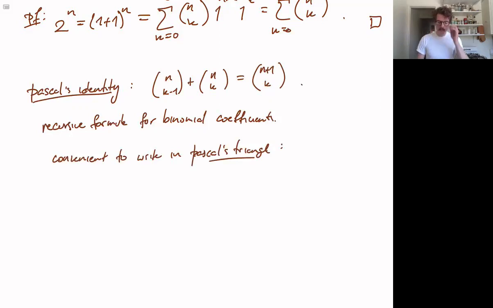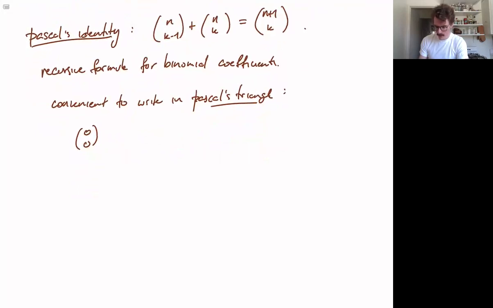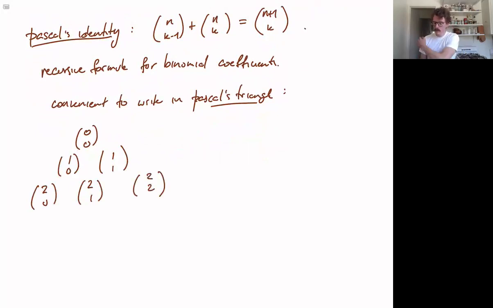So basically, why we do this is because if we write them in a triangle like this, let's see. Then let's take a second to interpret Pascal's identity in this form. Why are we writing it like this?